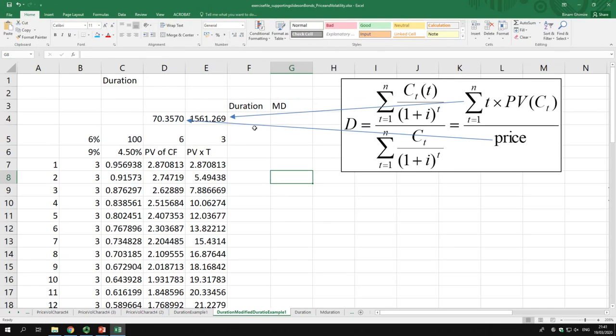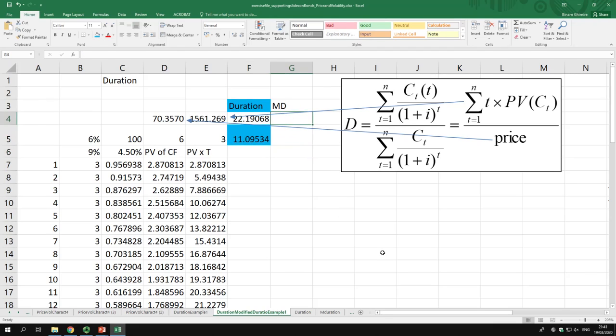Now how do you find duration? Duration is basically 1561 divided by the price, so that is the number of periods, 22.19068. But this is based on semi-annual, so what do you need to do to find the annualized duration? This needs to be divided by 2, so that's the annualized duration, and this is the answer. So this is in blue, that's what we found.